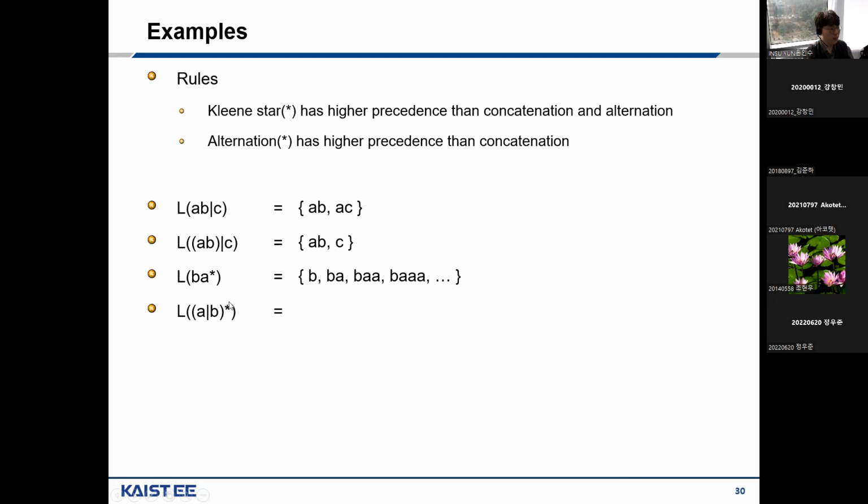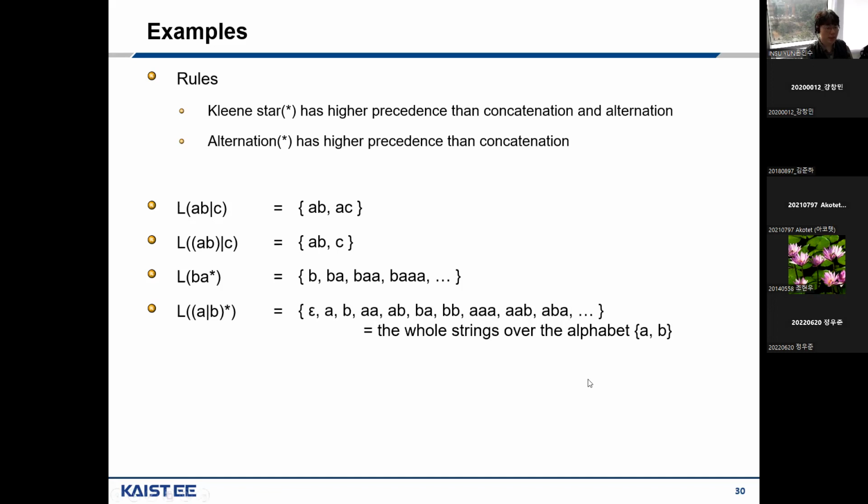L((A or B) star)? Yeah, as Uzun said, epsilon, A, B, AA, AB, BA, BB, AAA, and so on.